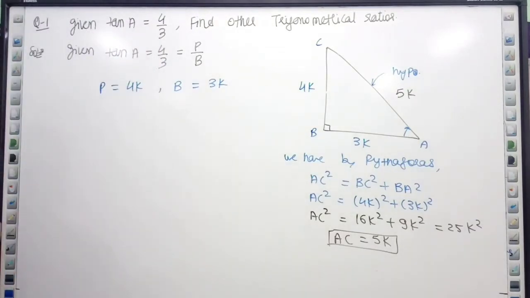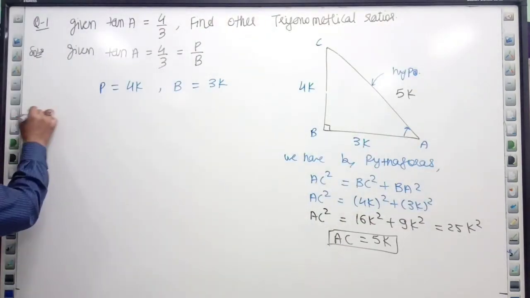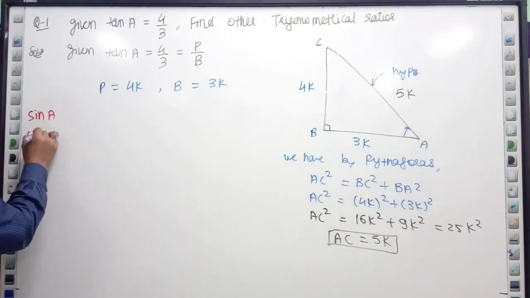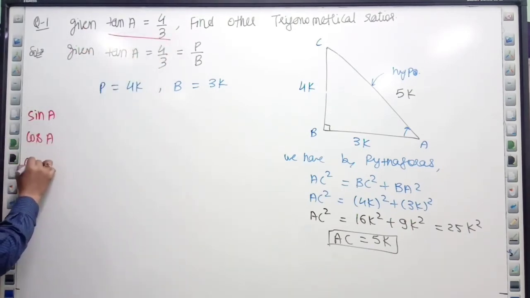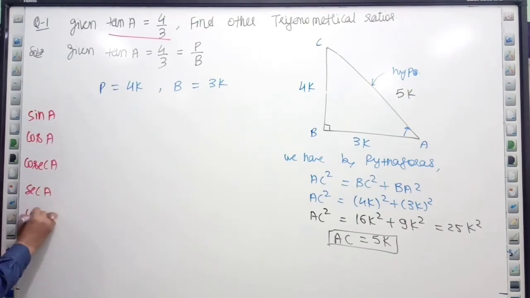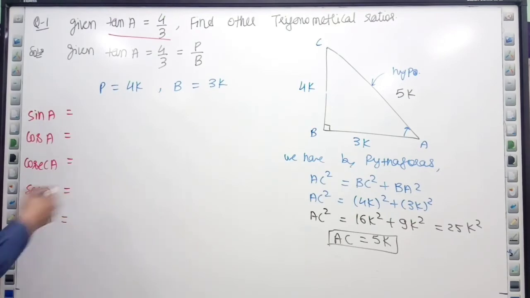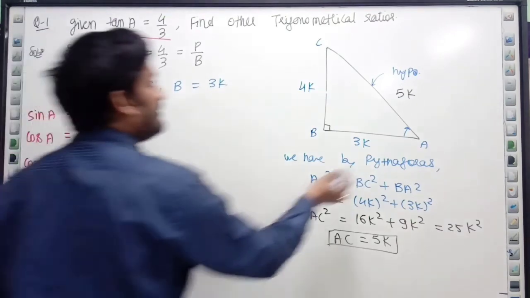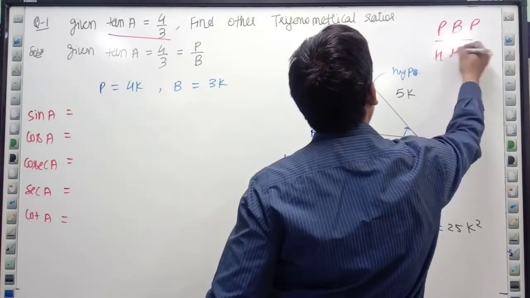Now what are the other trigonometrical ratios? I will be having sin A, cos A, tan A, which we already have, cosec A, sec A and cot A. Now as I have already discussed how to remember the ratios, we can write Pandit Badri Prasad Har Har Bhole.